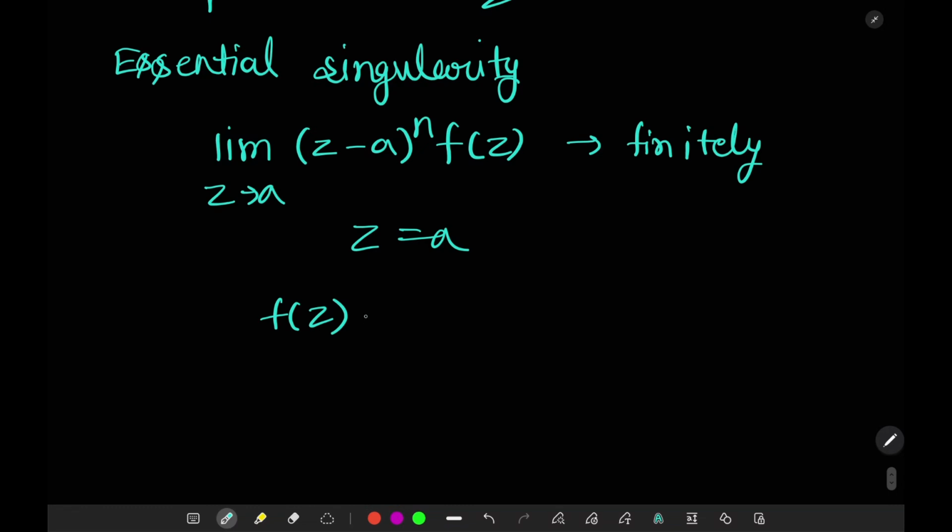For example, f(z) equals e raised to power 1 by z has an essential singularity at z equals 0.